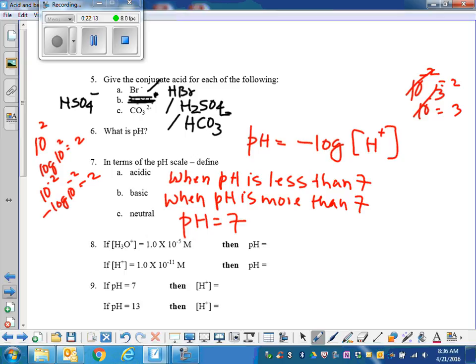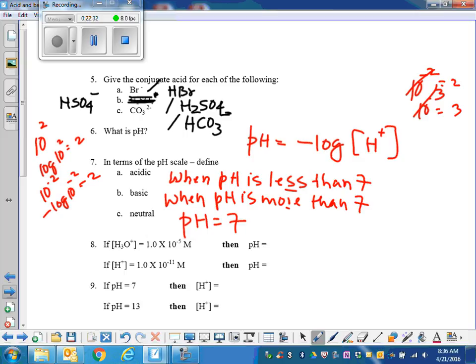So, neutral, if it was like 6.95, that would be acidic. But if you rounded it to like 6, it's very, very slightly acidic. That's why you say less than and more than.